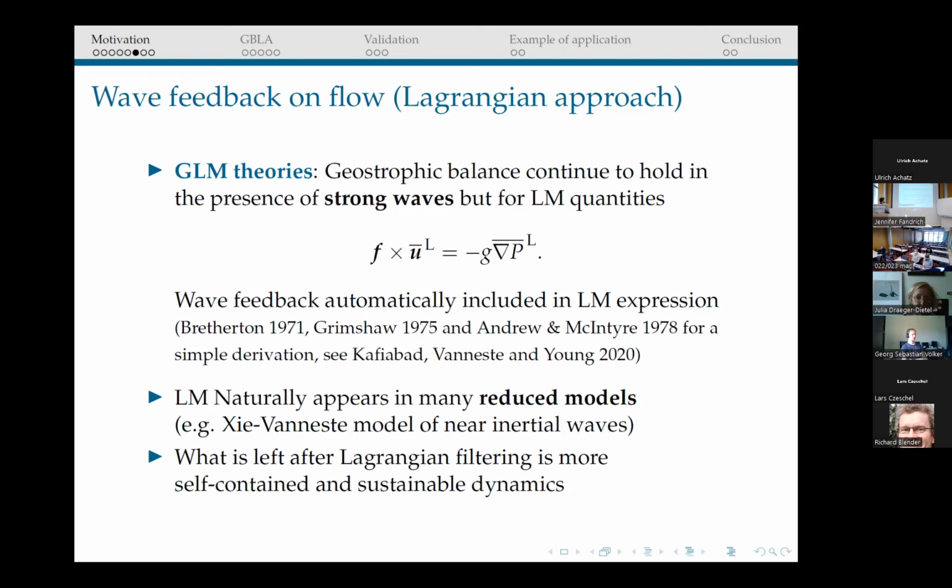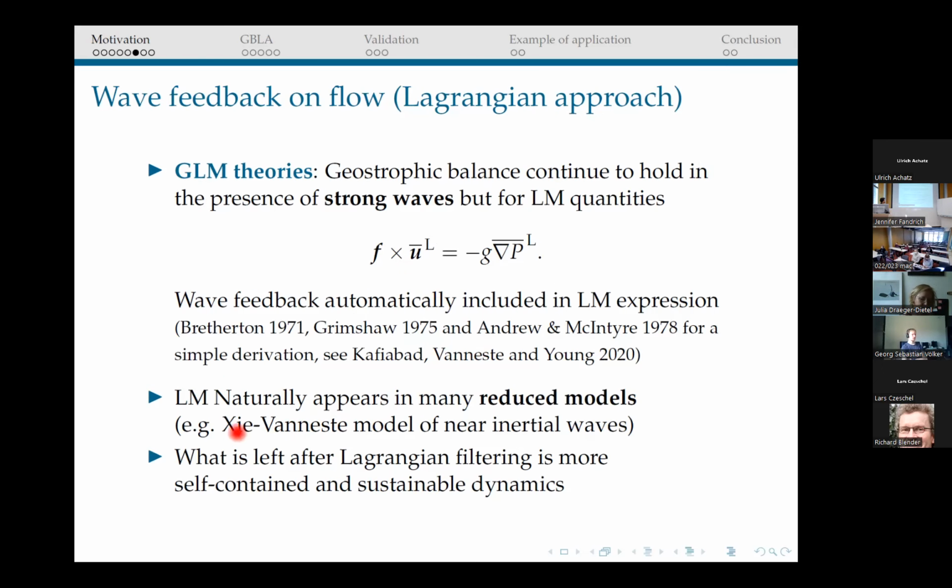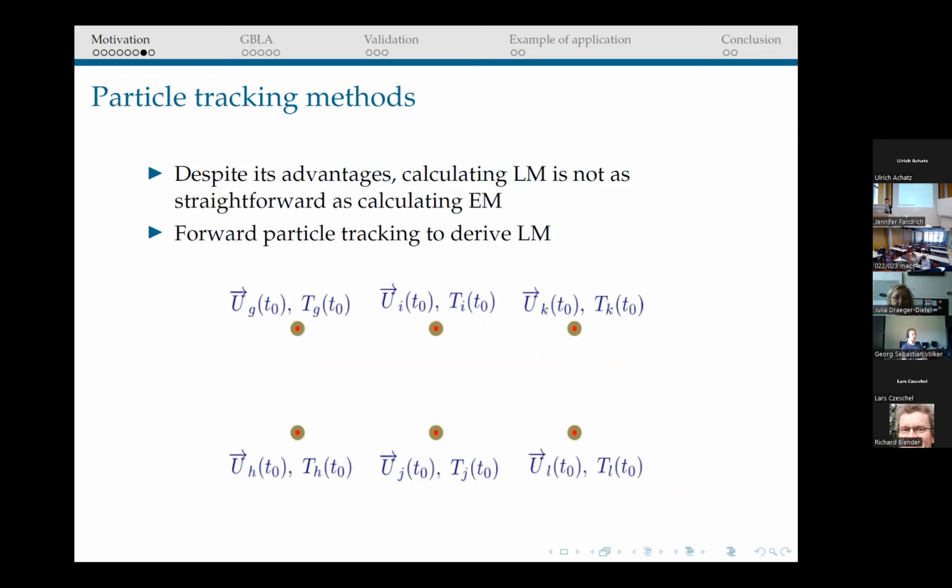A lot of reduced models have this Lagrangian mean naturally showing up in their formulation. For example, the Young-Ben Jelloul model of near-inertial waves is expressed in terms of Lagrangian mean. So the take-home message is that what is left after Lagrangian filtering is more self-contained, more sustainable dynamics, and is more useful than what is left after the Eulerian mean.